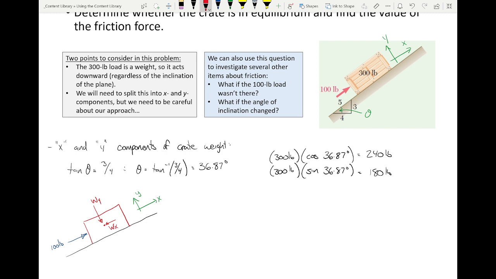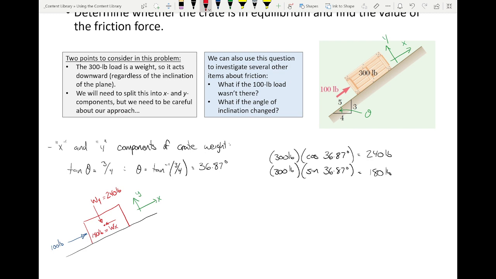Remember, if you have a line, how do you determine the slope of a line perpendicular to it? You flip the slope. That's what we're doing here. So I propose this is 180. This is 240. Is that a fair statement?